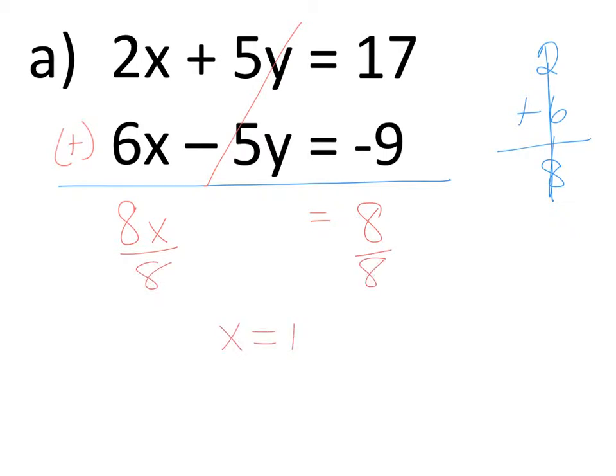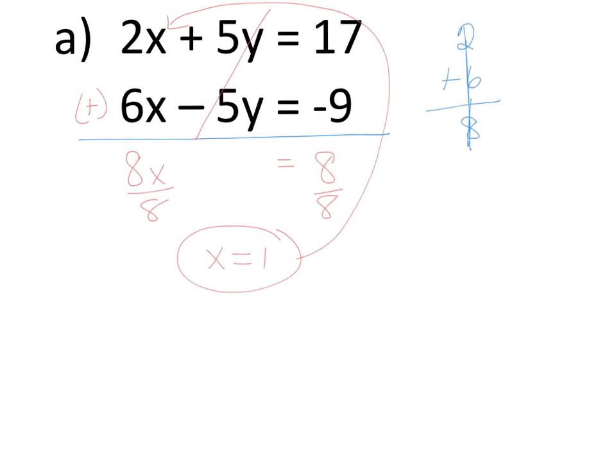Again, we're just canceling out the y's. A positive 5 and a negative 5 will cancel each other out. Now, just like we did with substitution, you're going to take the x equals 1 and plug it into either one. It does not matter which equation you plug it into. I'm just going to plug it into the top. So you get 2 times 1 plus 5y equals 17.